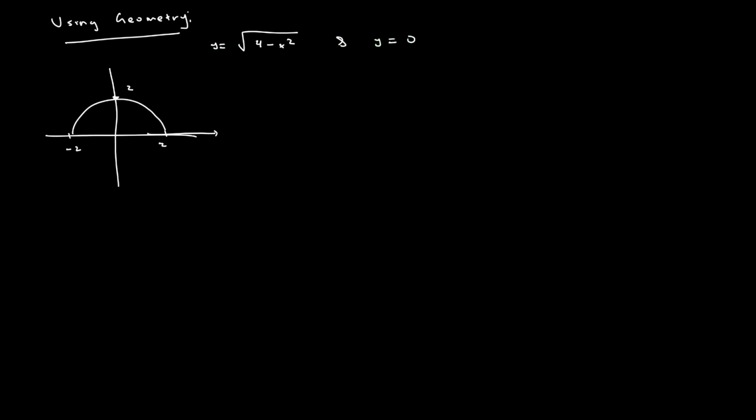So we're finding out essentially this area over here. Therefore, our strips are just going to be, well, the best option is just having the width as dx, and then our height being the difference between the square root of 4 minus x squared minus 0. So the integral that you try to solve for is the square root of 4 minus x squared, dx, from negative 2 to 2.